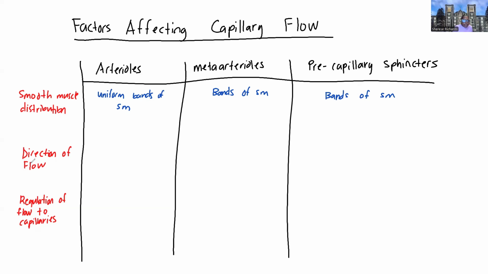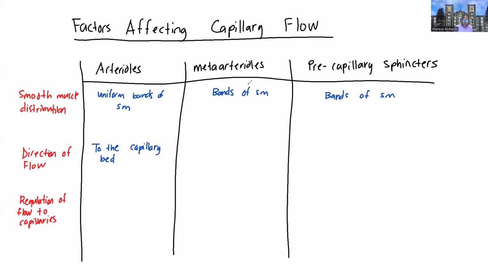Now, direction of flow that they control is from arterioles, they control the direction flowing towards the capillary bed. Right? So constriction of that will close off flow to the capillary bed. Relaxation will increase flow to the capillary bed.